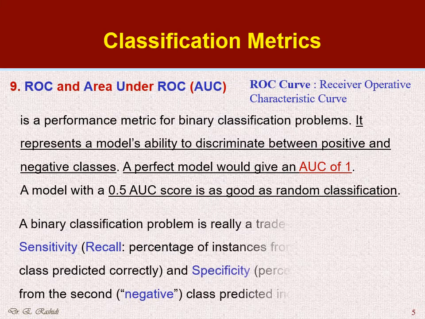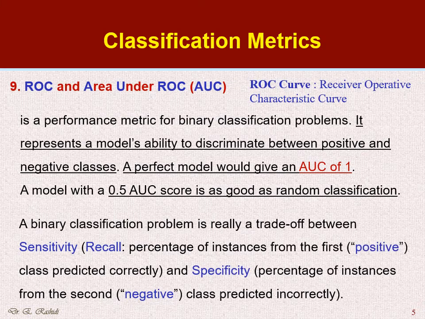A binary classification problem is really a trade-off between sensitivity, or as we call it, recall, which is the percentage of instances from the first positive class predicted correctly, and specificity, which is the percentage of instances from the second negative class predicted incorrectly.